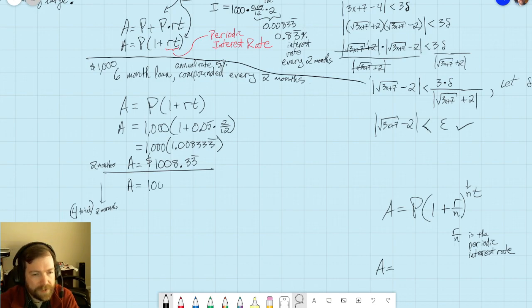So $1,008.33 with the repeated bit there, multiplied by, it's going to be the same thing, right? 1 plus 0.05, the 5%, times another 2 months, 2 over 12. So this is also going to be 1.008333, etc., when you multiply those together.